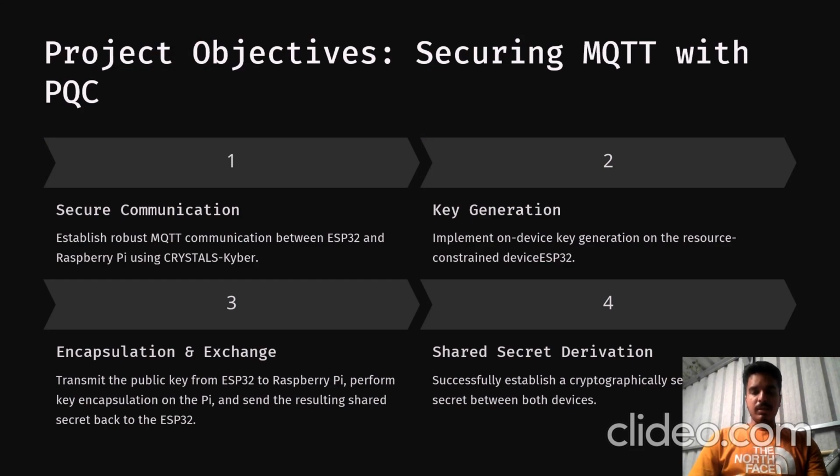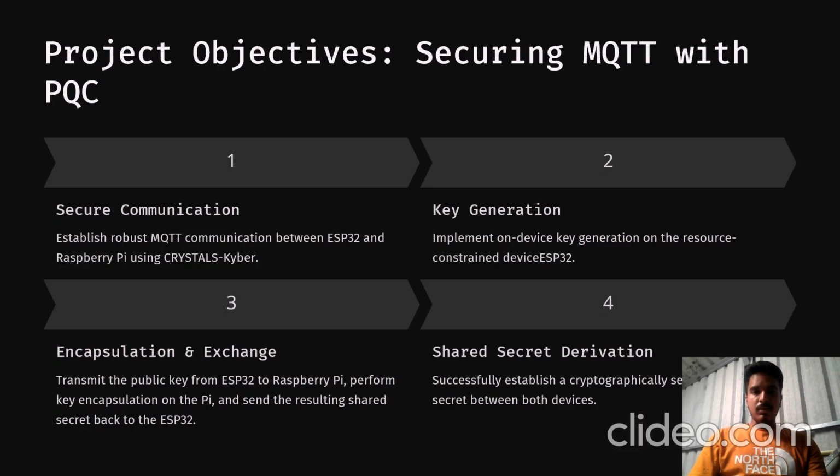So while creating a secure communication with MQTT, our step-by-step objectives are: first, secure communication between the ESP32, which is an IoT microcontroller, and the Raspberry Pi using the Kyber algorithm.